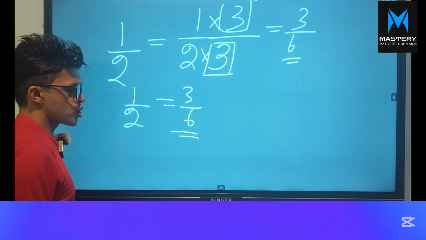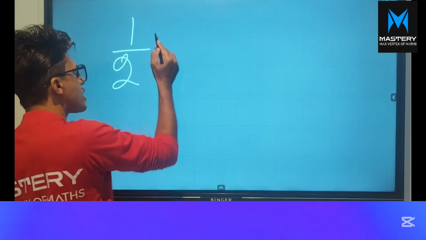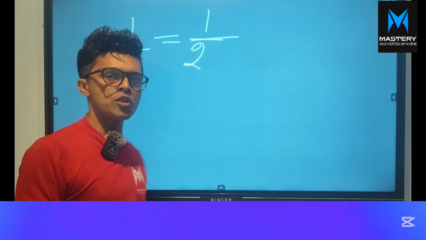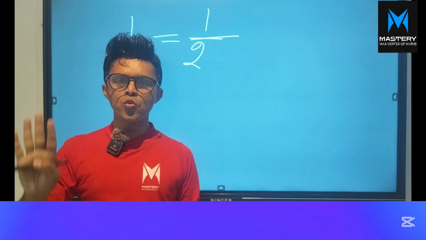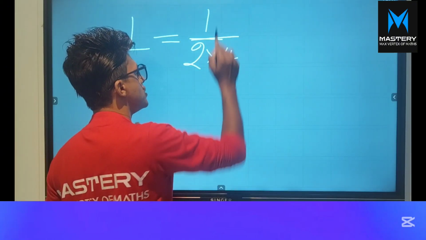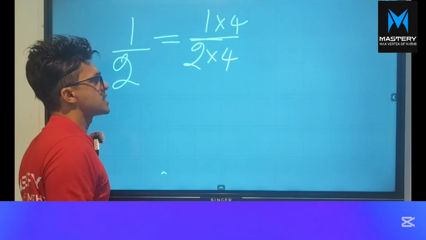Another equivalent fraction we could write for this half. Consecutively we multiplied both denominator and numerator using 2 and 3. I could take 4 as well. The denominator can be multiplied using 4, numerator as well.